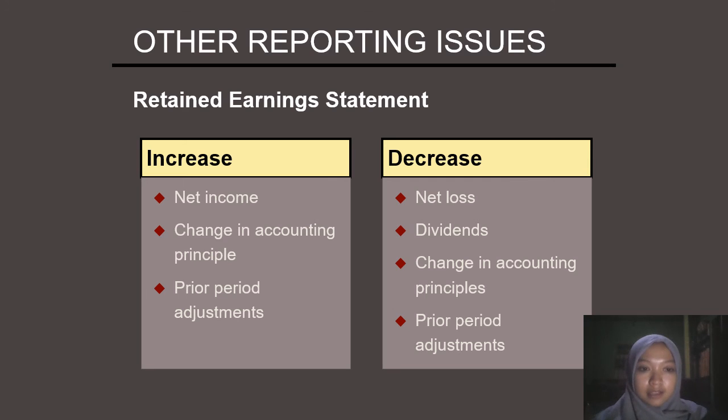Additions include net income, change in accounting principle, and prior period adjustment. Deductions include number 1, net loss, number 2, dividends, number 3, change in accounting principle, and number 4, prior period adjustment.